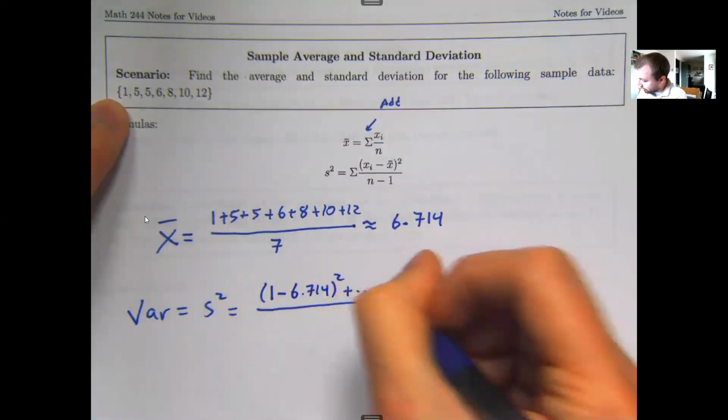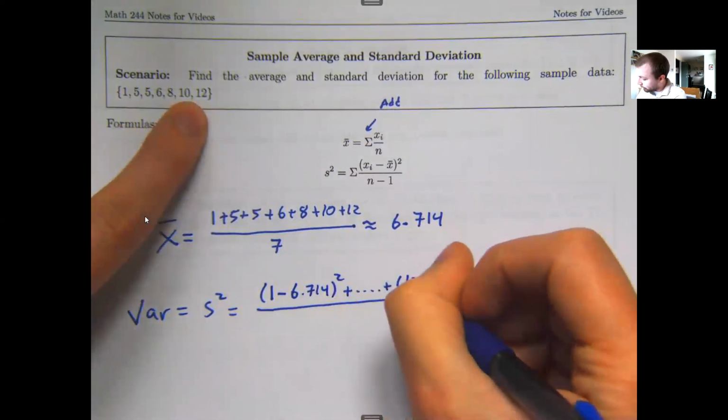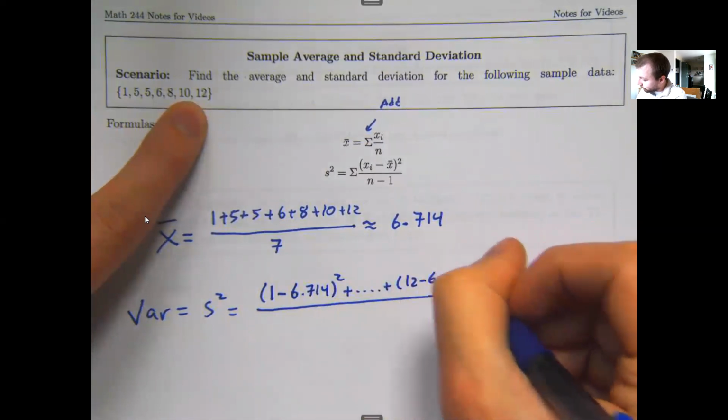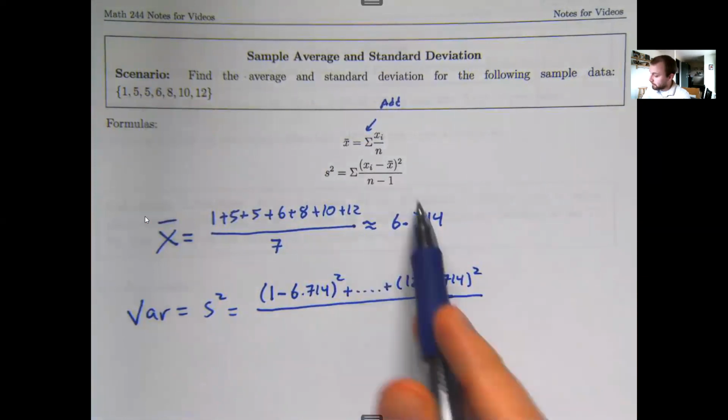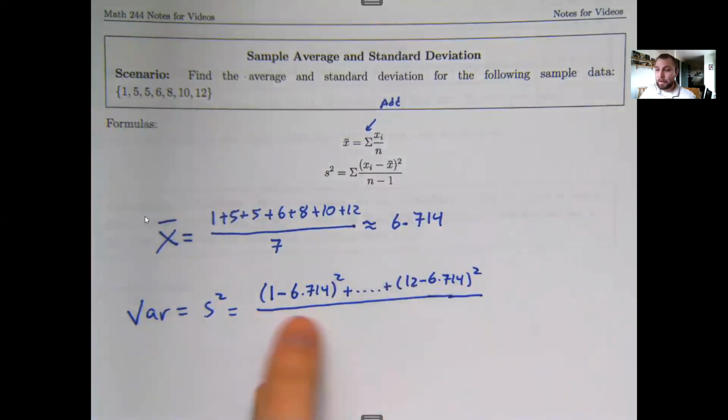I'm going to add these up until I get to the last number, 12 minus 6.714 squared. So what I'm doing here on the top of this expression is I'm trying to figure out what the gap size looks like from the values to the center, because the variance is telling me something about the spread, how far apart these things are.